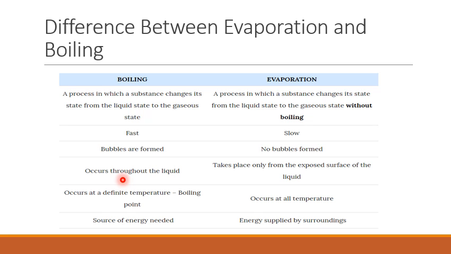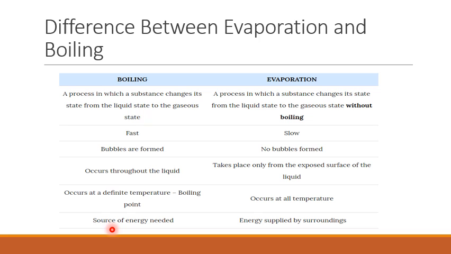Boiling is a bulk phenomenon, or I can say it occurs throughout the liquid, whereas evaporation is a surface phenomenon and it takes place only from the exposed surface of the liquid. Boiling occurs at a definite temperature, and this temperature is the boiling point of the liquid, whereas evaporation can occur at all temperatures.